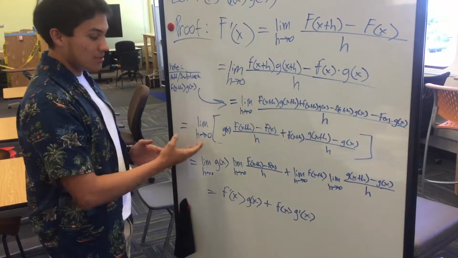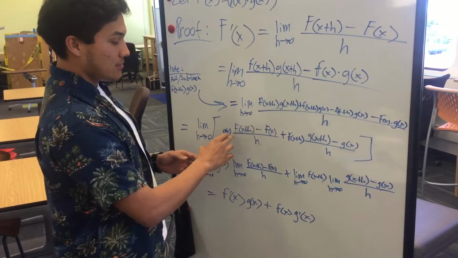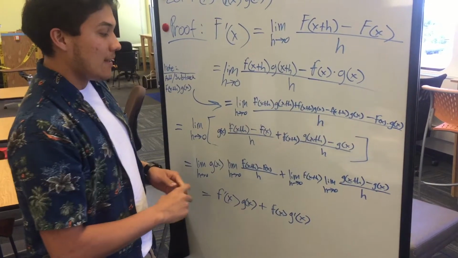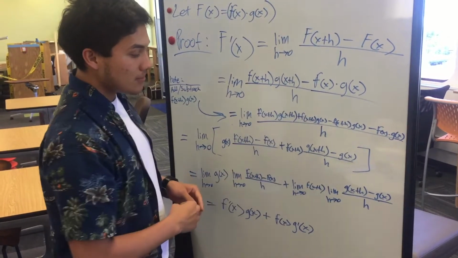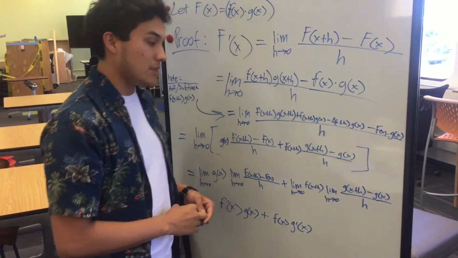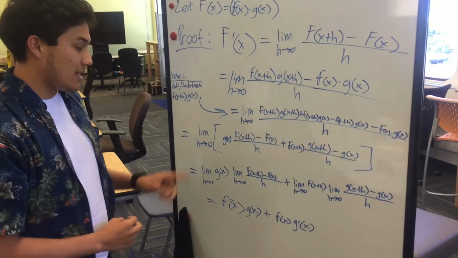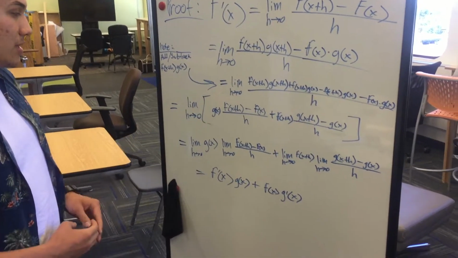So we have the limit of g of x times f of x plus h minus f of x over h, plus f of x plus h times g of x plus h minus g of x all over h as h approaches 0.